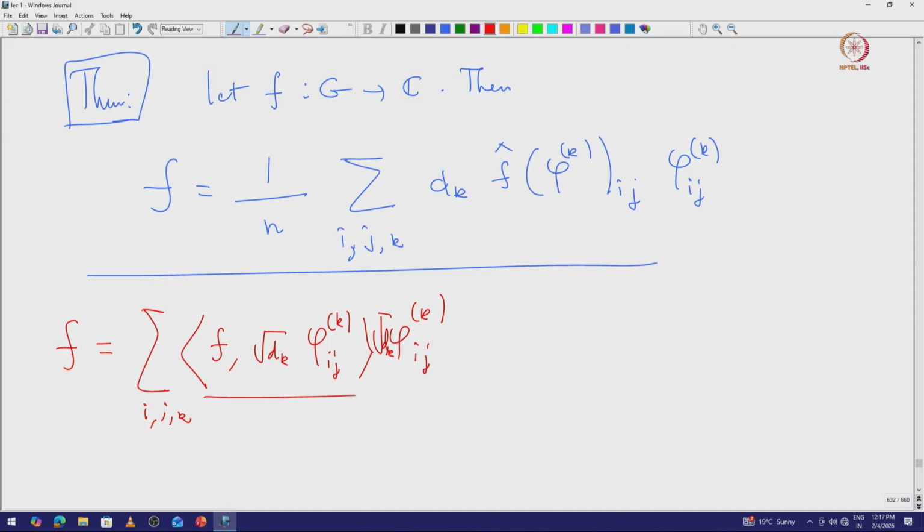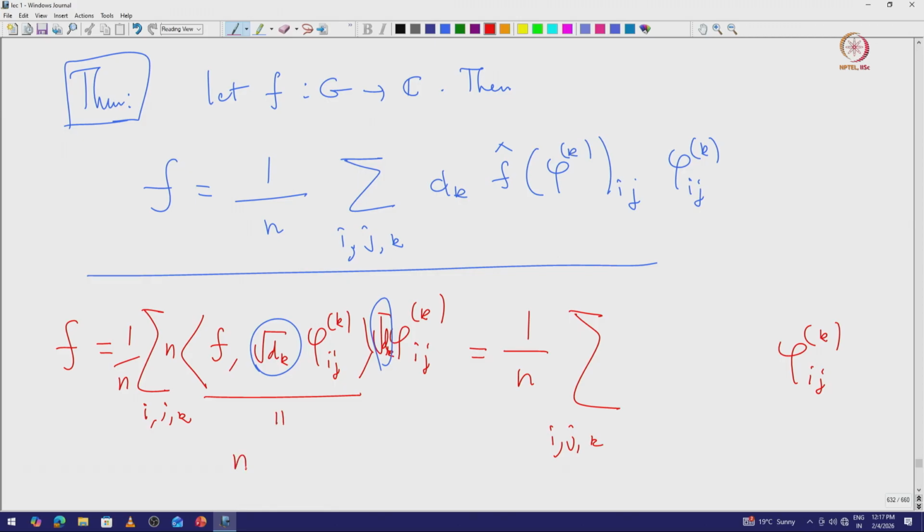So, now what is this? This is exactly given by the Fourier transform. By definition, you can just multiply by n and then divide by n, and then you can take out this square root dk. So, what you get is exactly equal to 1 by n, summation where ijk varies, and then you keep this phi ijk here, and whatever remains here is exactly n times dk inner product of f and phi ijk.